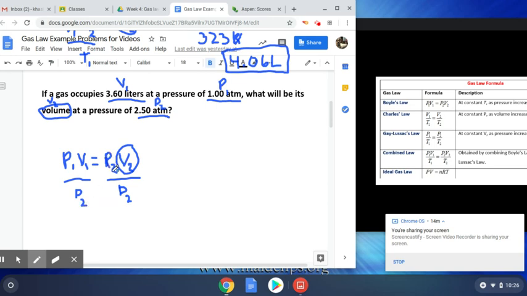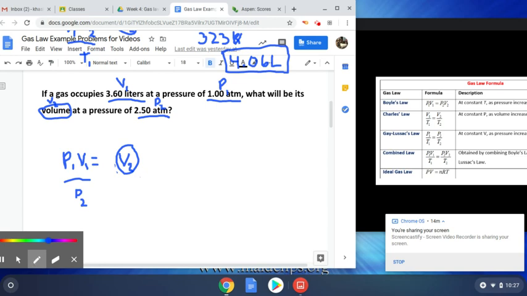And then the P2s will cancel, so you'll end up with just P1 times V1 over P2 equals V2. So I'll go ahead and erase these. And then that's our new formula.